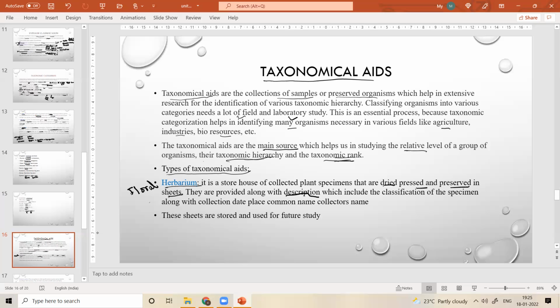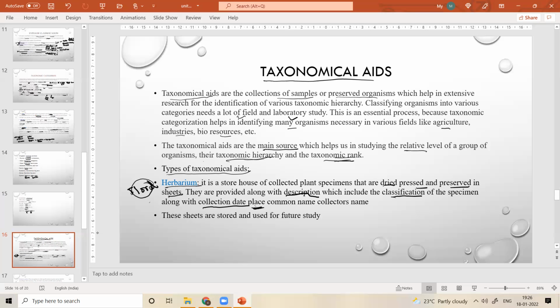That means the plant will be stuck onto the herbarium sheet along with the description, some kind of script that includes the species, that means the classification of that plant: what species it belongs to, what is the genus, what is the family of the specimen, along with the collection date, at what time and on which date it is collected, and at what place, so that the habitat will be understood.